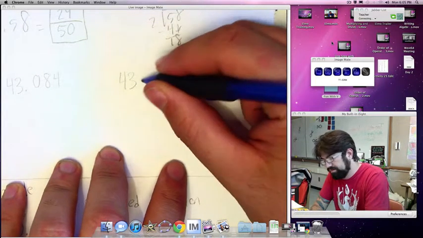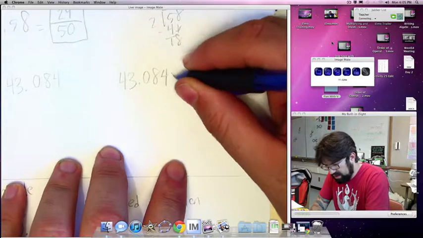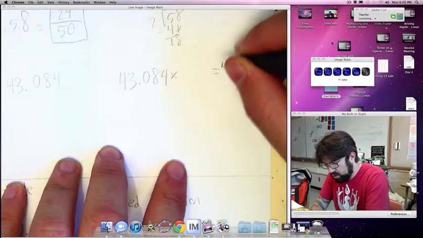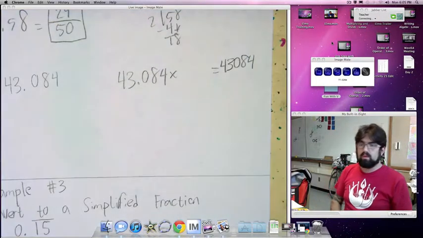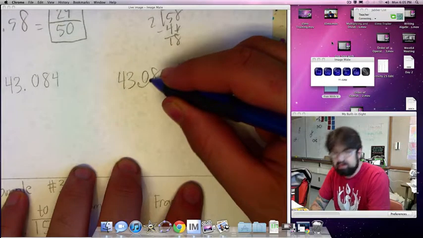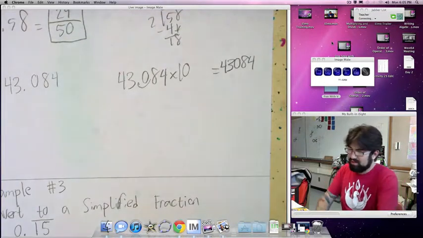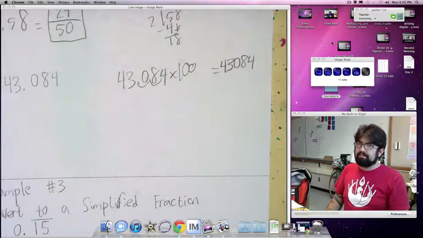Here's another way. What would I times this by to get a whole number? Gotta move the decimal one time with 10? That's not enough. How about 100? Almost there.